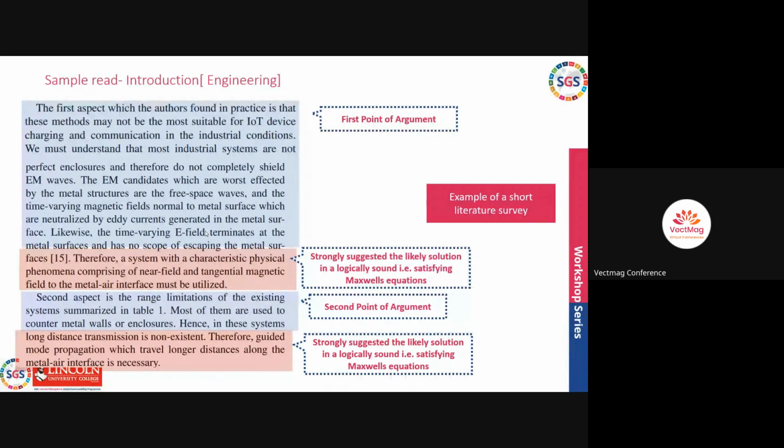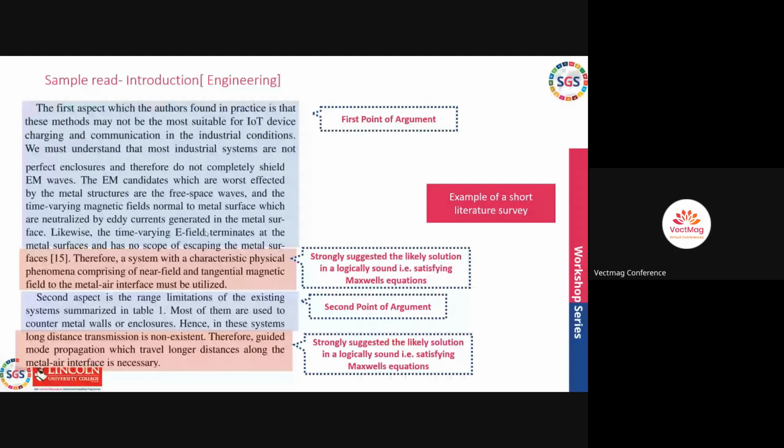In your case it could be thermal equations, it could be something else, or it could be computer science related things, or algorithms, etc. Then there is a second point of argument, and then again a strongly suggested likely solution in a logical way, again taking care of the physics.